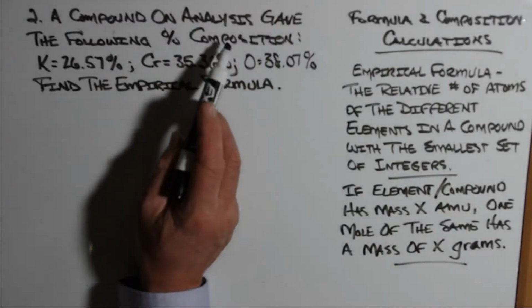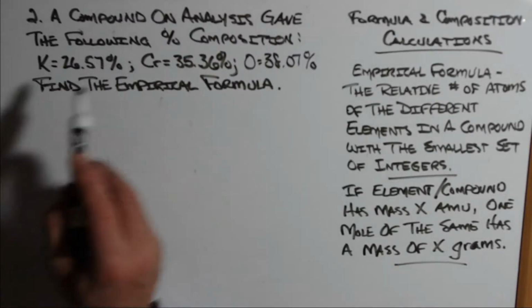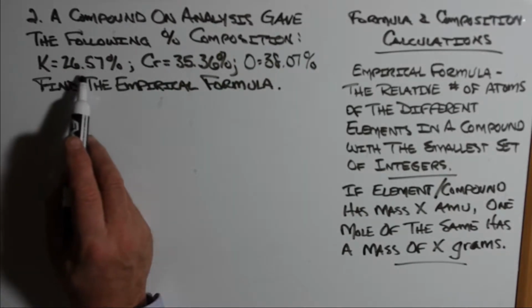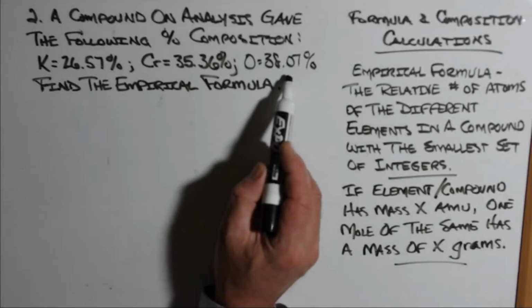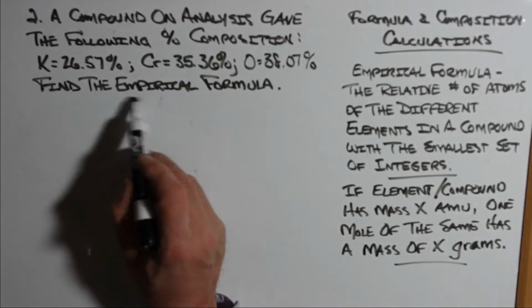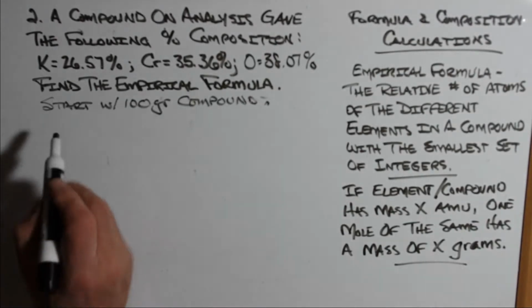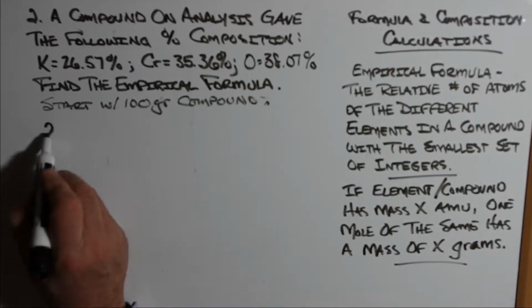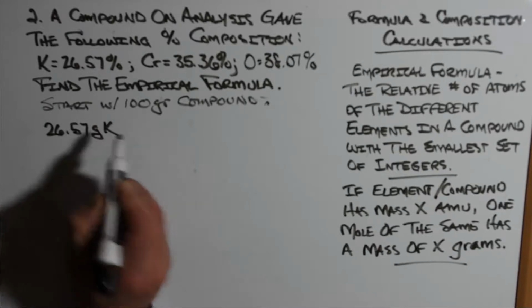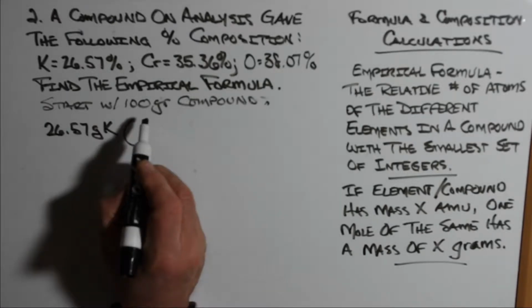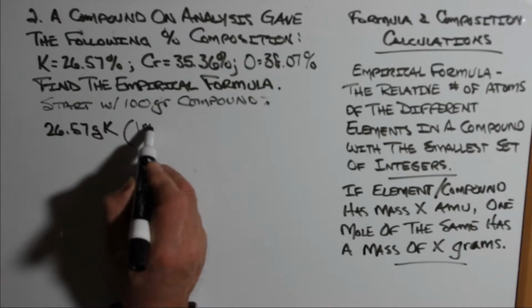The next problem, a compound on analysis gave the following percent composition: potassium 26.57%, chromium 35.36%, oxygen 38.07%, and we're asked to find the empirical formula. We're going to do the same. We're going to start with 100 grams of compound, and that means that 26.57 grams of that 100 grams is potassium.